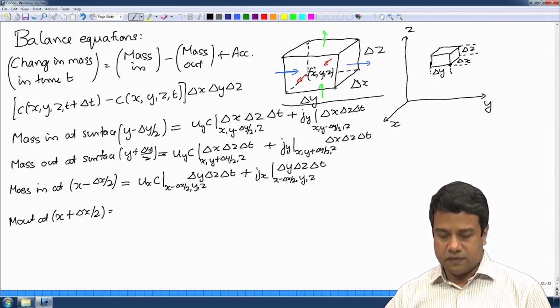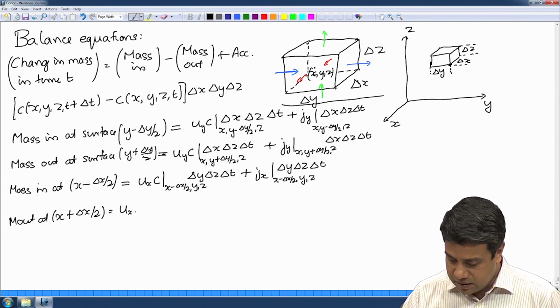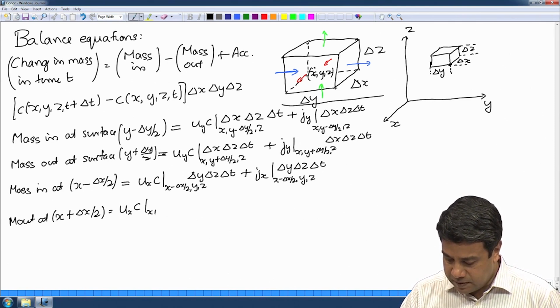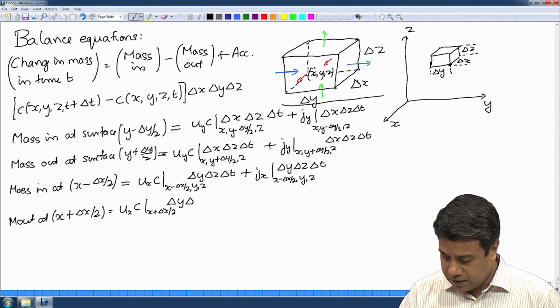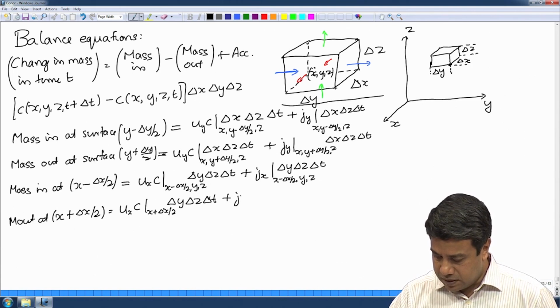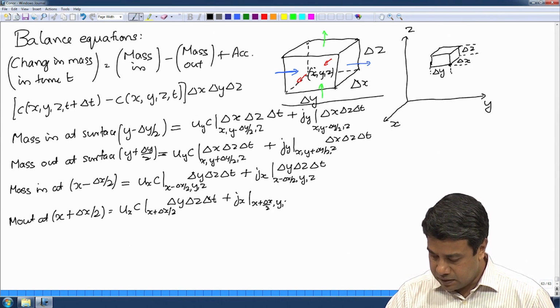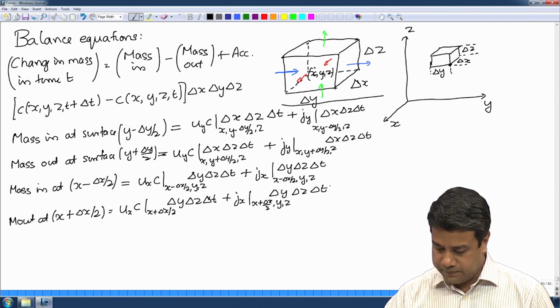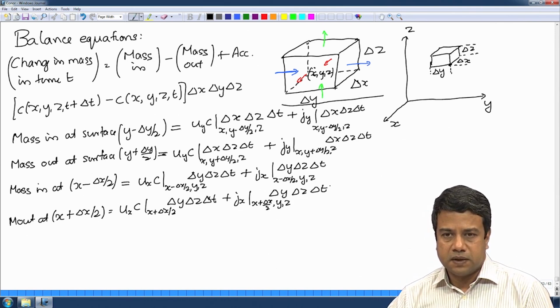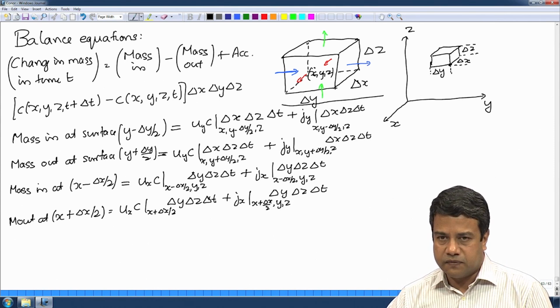Therefore, the flux is equal to plus ux times c at x plus delta x by 2, times delta y delta z delta t, plus jx at x plus delta x by 2, y, z, times delta y delta z delta t.